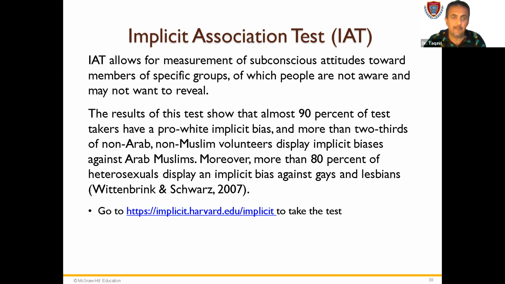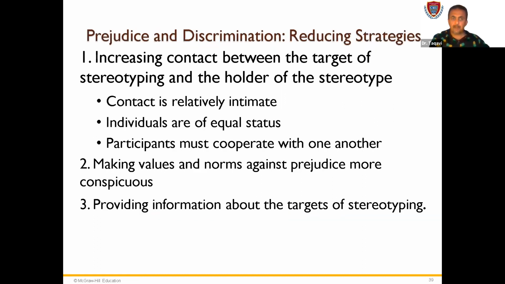You can see the abstract of the article in Google Scholar by Wittenbrink and Schwartz. And go to implicit.harvard.edu to take a test if you want to know about it. Okay.